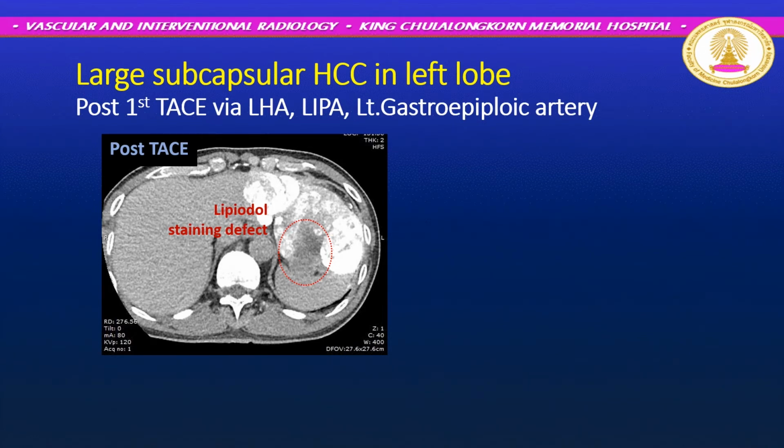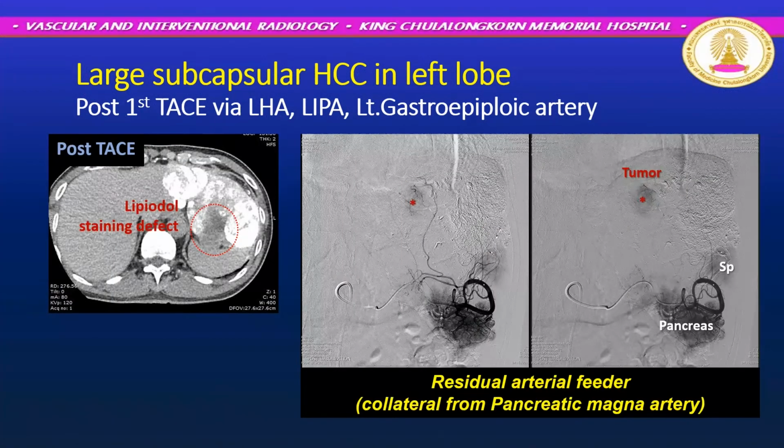So we reviewed the image and ran the post-embolization angiogram again and found that the residual arterial feeder is the collateral from the pancreatica magna artery.